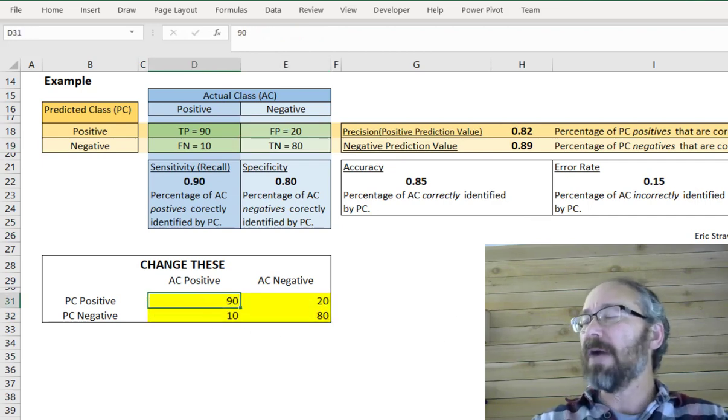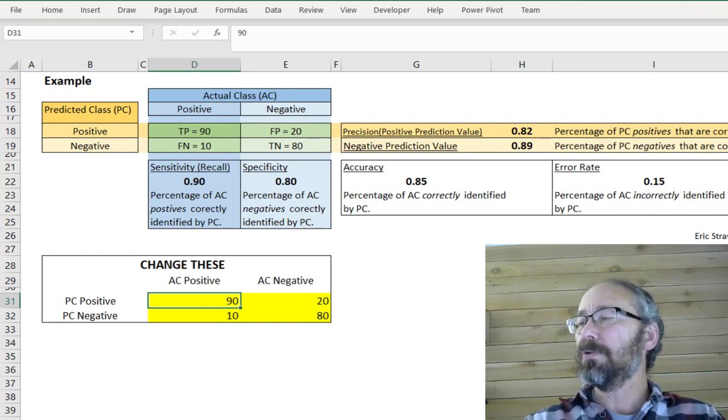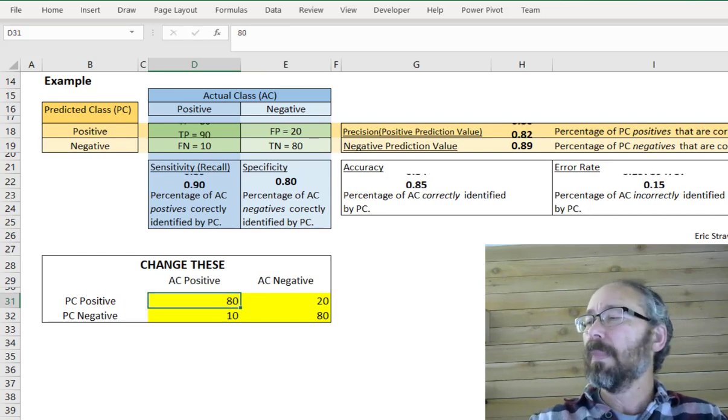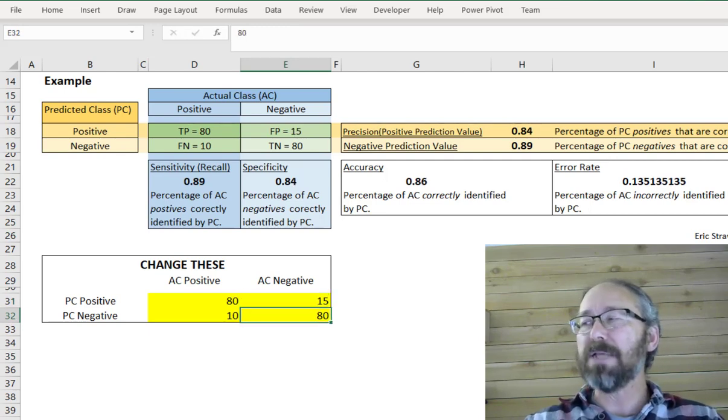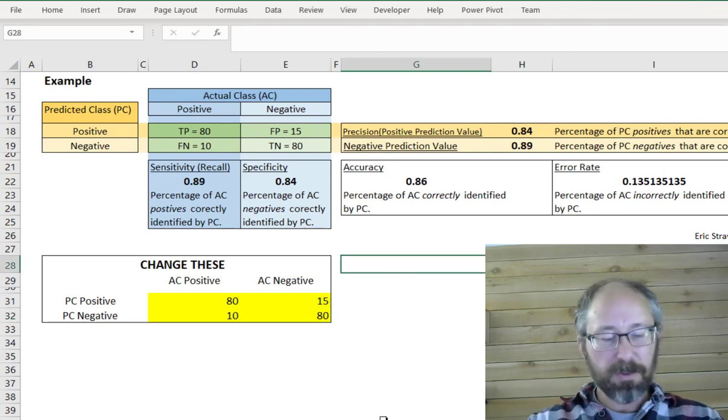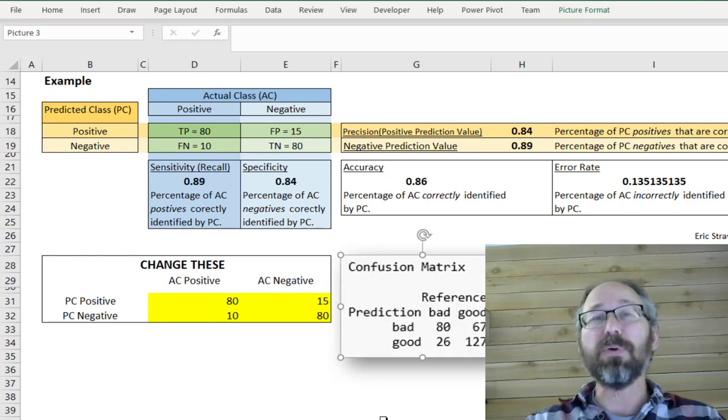So notice that if I change this to 80, all of these numbers are changed. Now notice that these are not linked, so this is not based on any specific size of data set. You would have to determine that yourself. Here's the confusion matrix example that I showed earlier, and let's plug these numbers in.